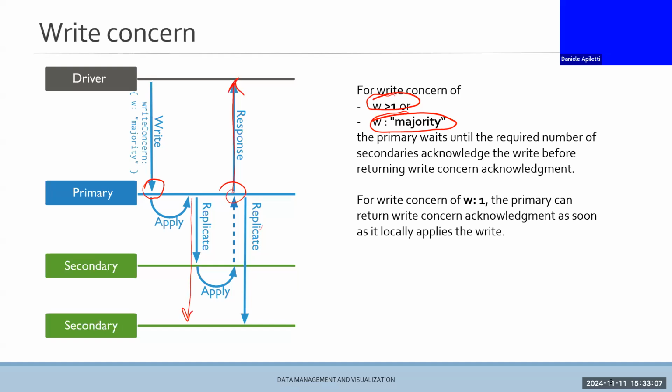So with W1, the write concern at least one node, as soon as it is locally applied, the write is acknowledged. Write concern one means that at least one node, including the primary, must have written that. Generally it's the primary itself because it's the fastest. So you must set at least two nodes in the replica set to get at least one secondary as a copy.